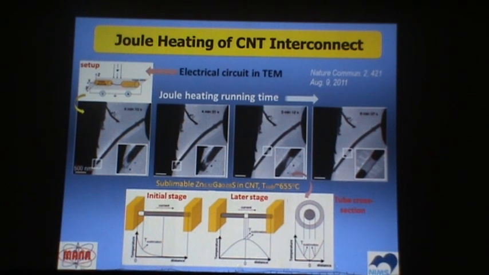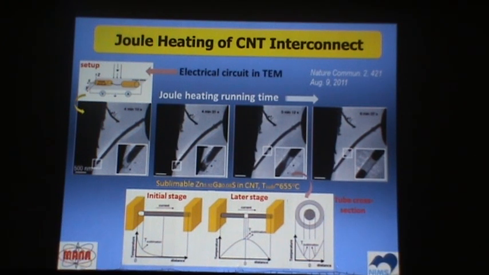We also utilized this Joule heating phenomenon to analyze what the highest temperature can be inside carbon nanotubes when the tube becomes like an electrical interconnector.